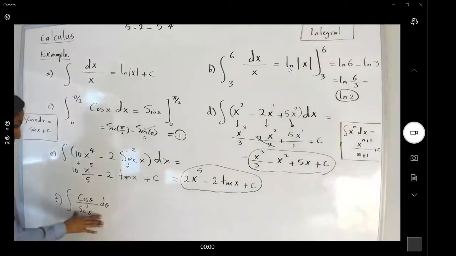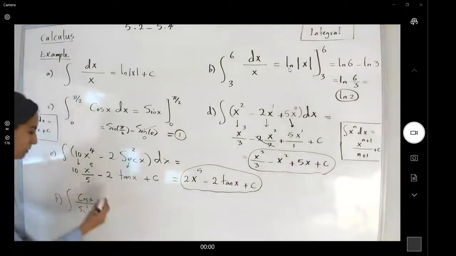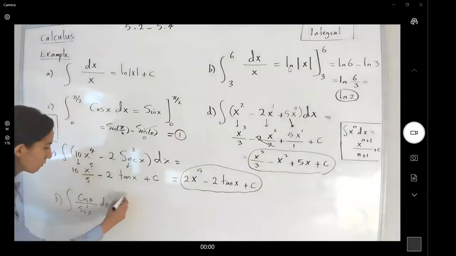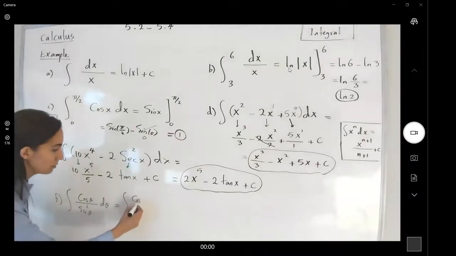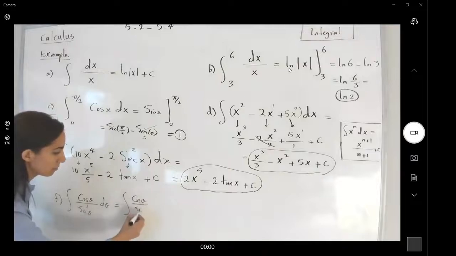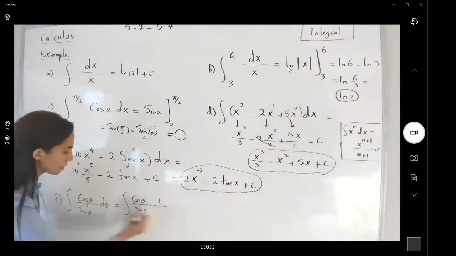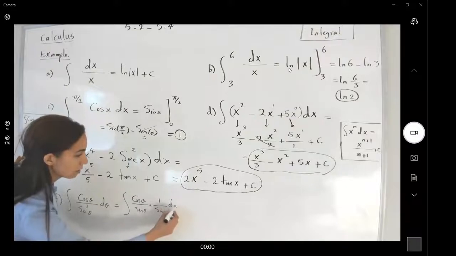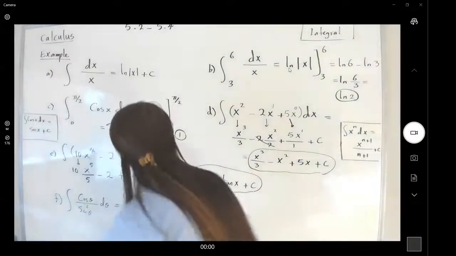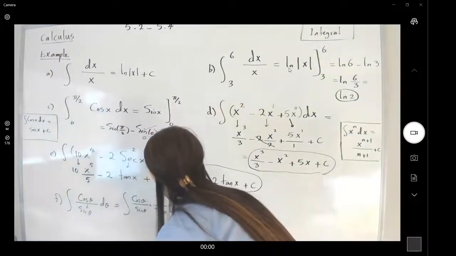Very well, let us take a look at this one. Let us try to simplify this first. Here I have the integral of cosine divided by sine times 1 divided by sine, and this is d theta. Very well.